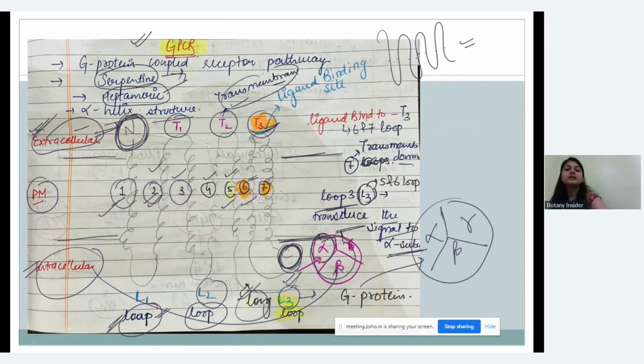In the G protein we have alpha, beta, and gamma, and the very first subunit to take up the signal is the alpha. The ligand binds to the T3 loop, that is 6 and 7, the transmembrane 7 domain. Loop number 3, that is L3, 5 and 6, transduces the signal to the alpha subunit. This is what you have to remember.